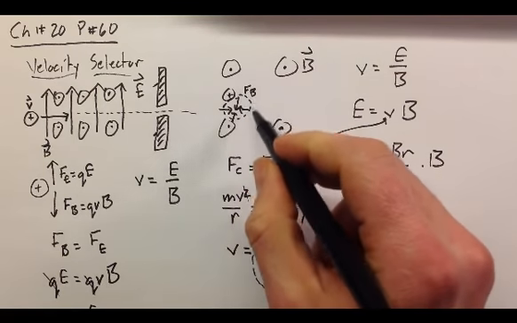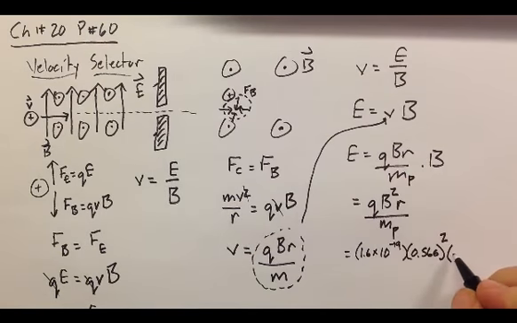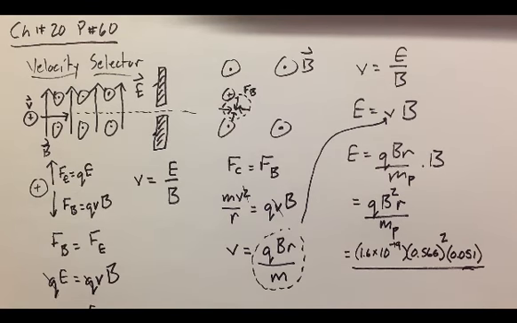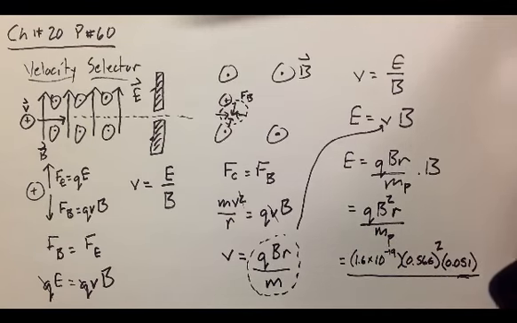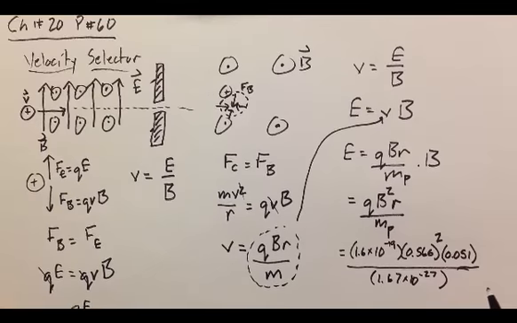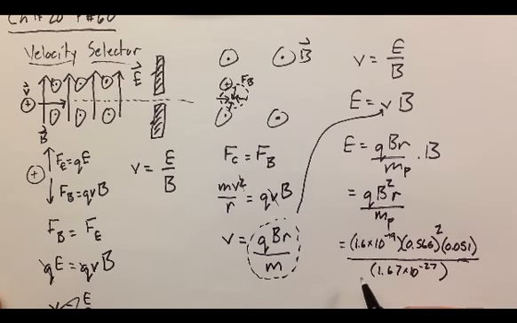The radius of this circle, the problem tells us, is 5.1 centimeters, or 0.051 meters. And what else do we got? We got the mass of the proton, which would be 1.67 times 10 to the minus 27th kilograms. And if we plug all that in, we would get that the electric field strength here is 1.57 times 10 to the 6th newtons per coulomb.